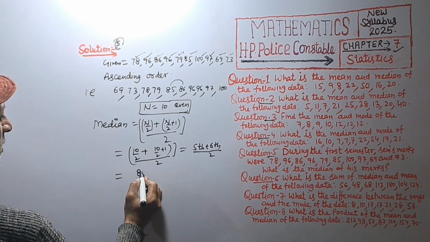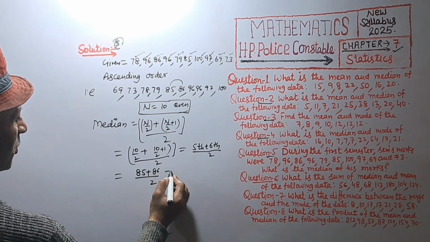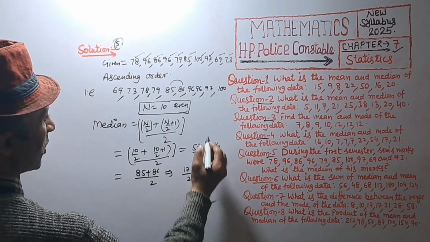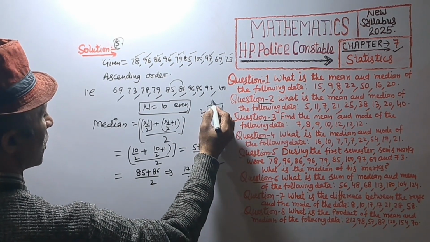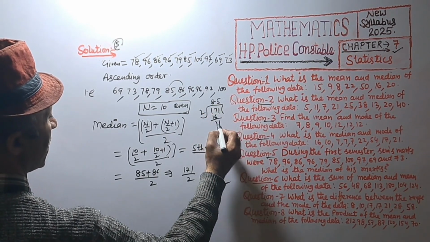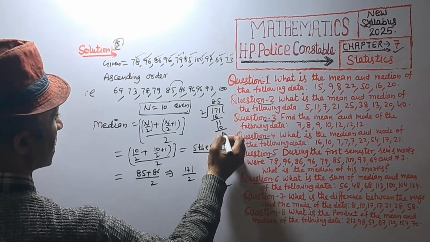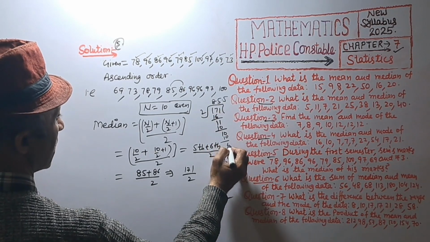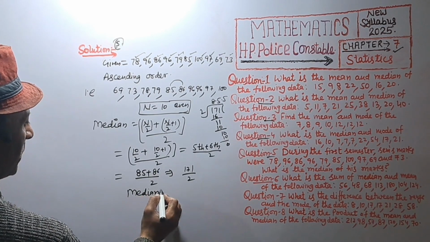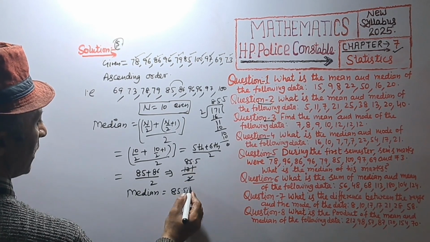Fifth number is 85 and sixth number is 86 divided by 2, which implies 171 upon 2. 171 divided by 2, we get median equal to 85.5.